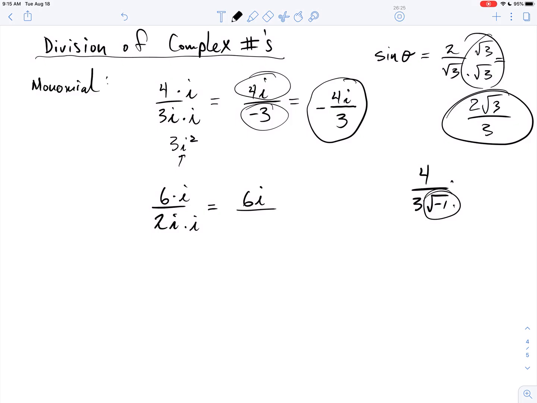That gives me 2i squared in the bottom. 2i squared is a fancy way to say -2. Now, wait a minute. Doesn't 2 go into 6? Sure does, so I can reduce this. So I would say 3i, but I would not say 3i over -1. Look at how cumbersome that looks. What would I just say? I would say minus 3i. That's what I would say, because it's more compact.